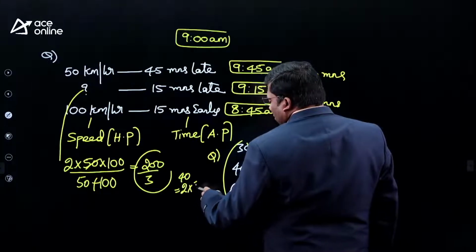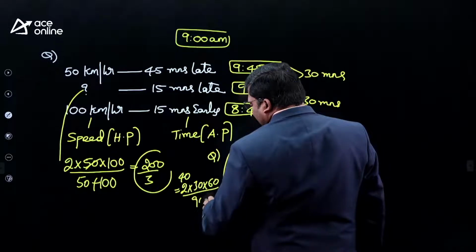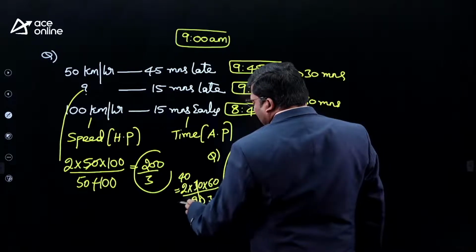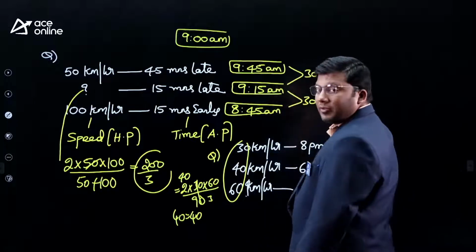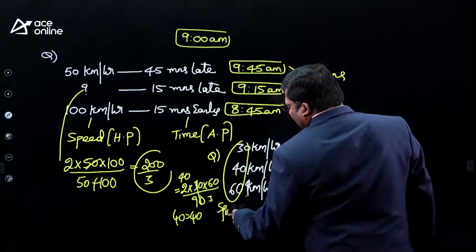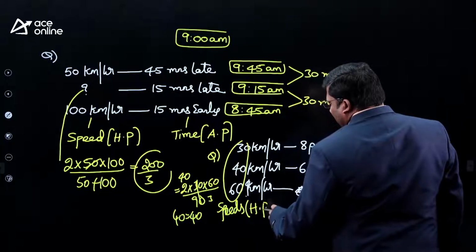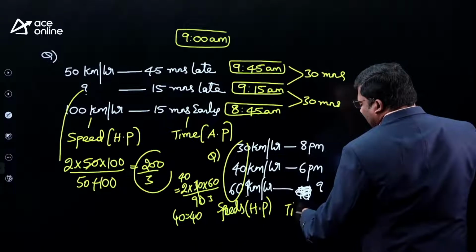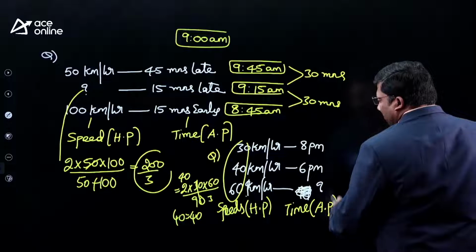B equals 2ac by a plus c. 30 plus 60 is 90. Yes, 40 equals 40. That means speeds are in harmonic progression. If speeds are in harmonic progression, time will be in arithmetic progression.